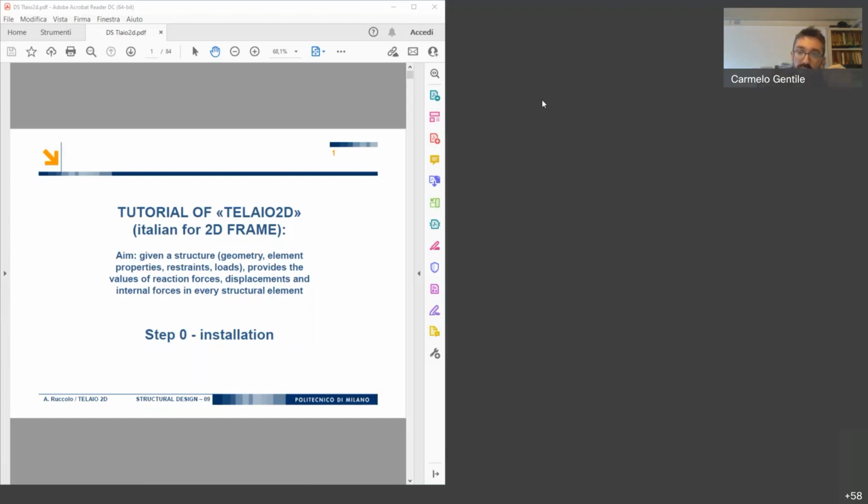How they are transferred to the ground in terms of restraint reactions. Okay, and then you find how they are distributed inside the structure, studying the distribution of internal forces. So shear force, axial force, and bending moments.